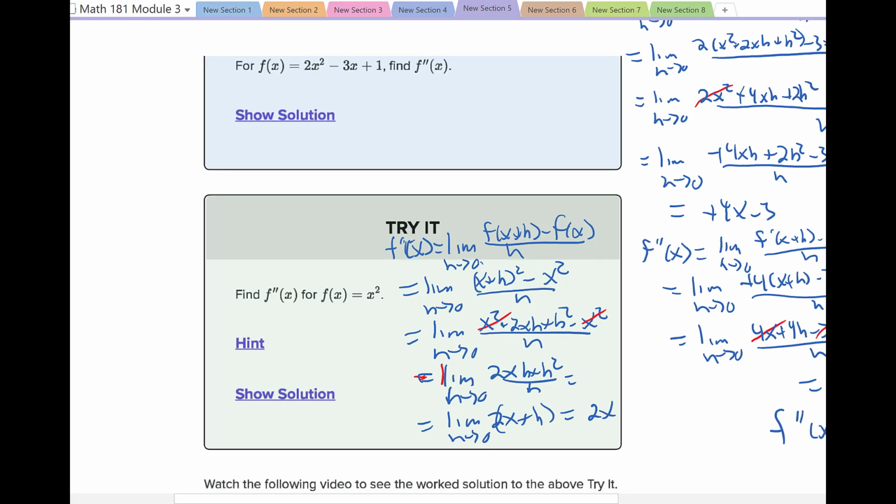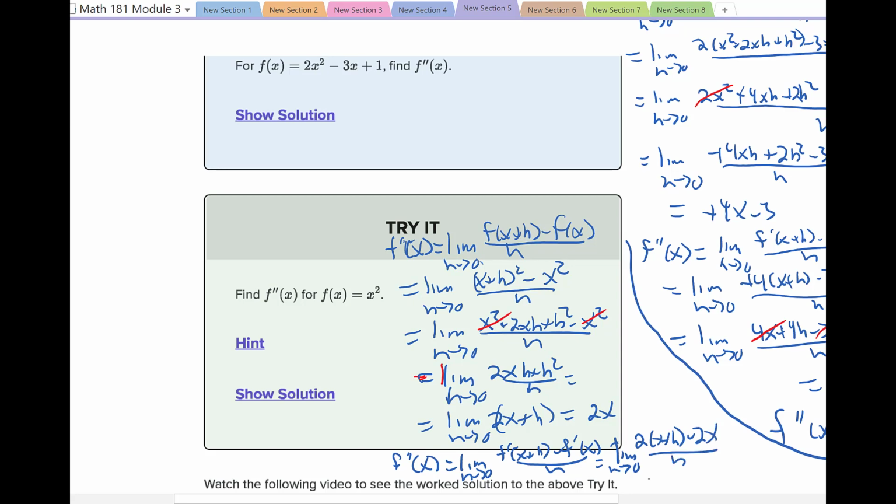So we take the second derivative, we'd have f prime of x plus h minus f prime of x all over h. So it's going to be the limit as h goes to 0 of 2 times x plus h minus 2x all over h.